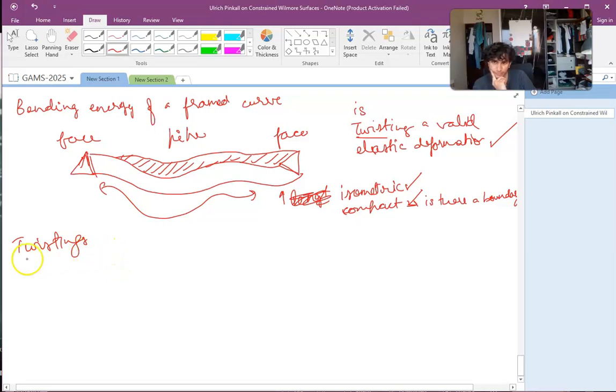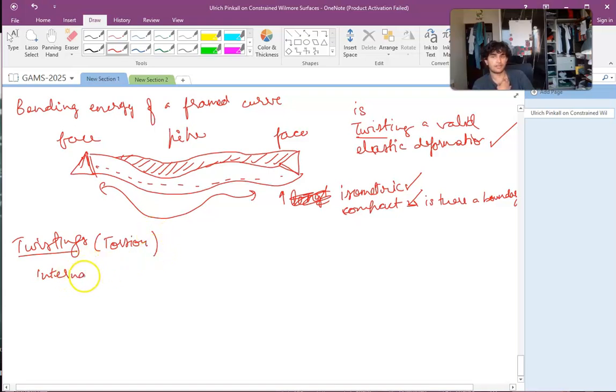Now, given that I'm twisting it, how do I measure how much twist is there? So instead of looking at every point along here and trying to measure it, I'm going to measure something called internal torsion. So torsion is just the word for twisting, right?